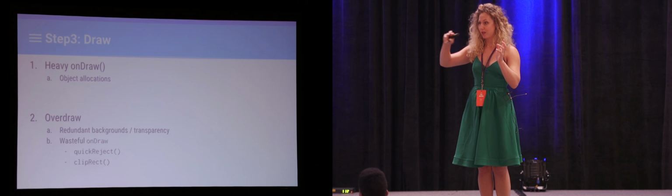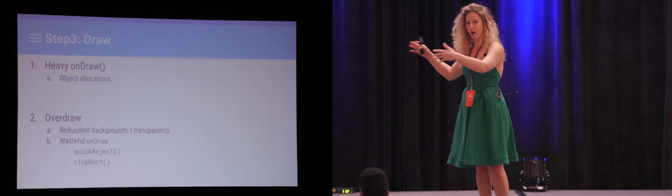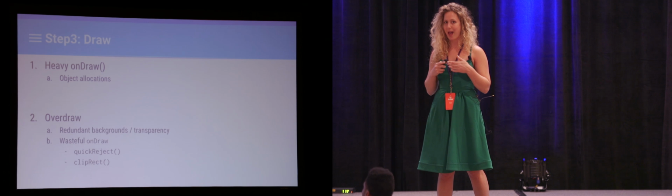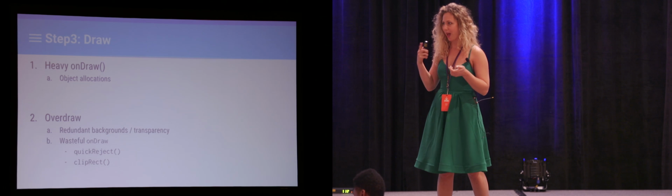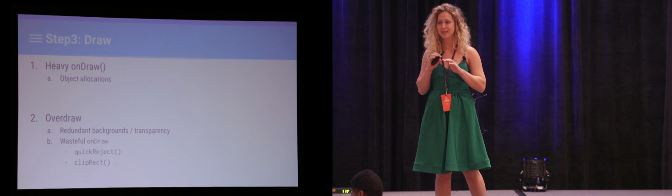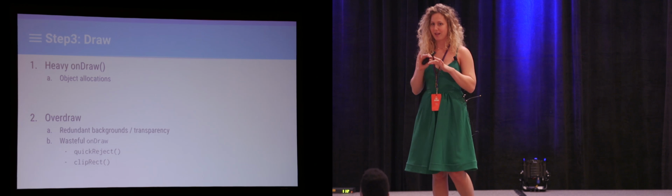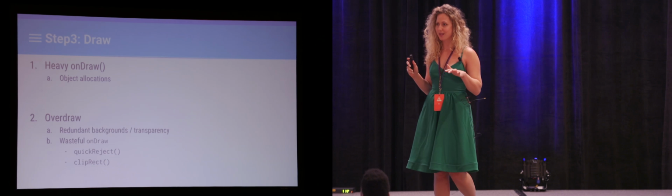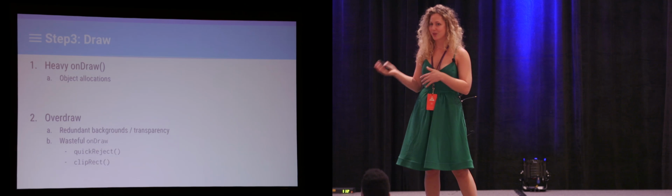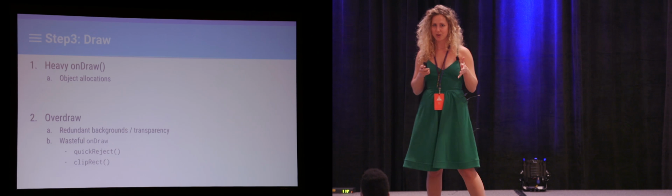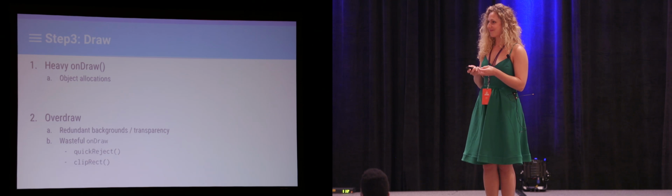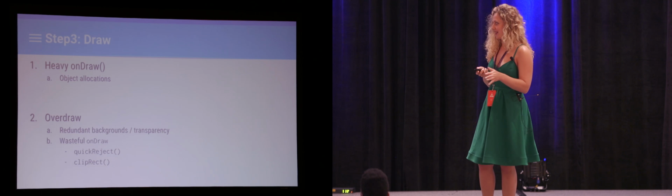So when you have a new object, even a new integer, the on-draw is going to happen once in every 16 milliseconds, and you're definitely going to see it in your view's performance. So if you have this kind of thing, just have it as fields, or just move it out of the on-draw.